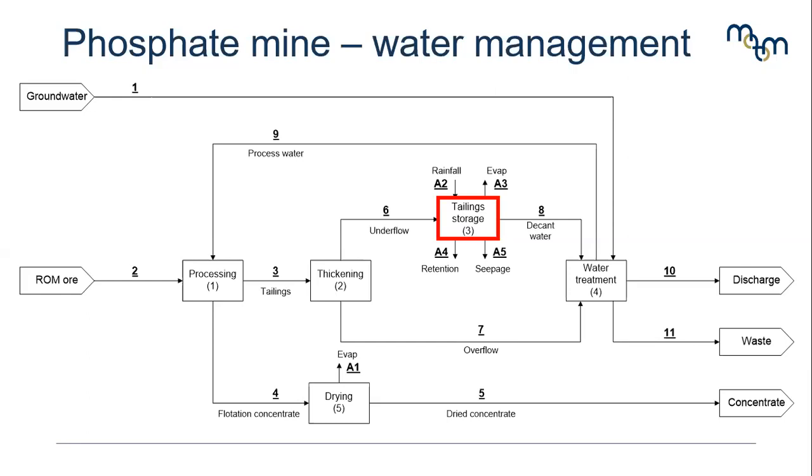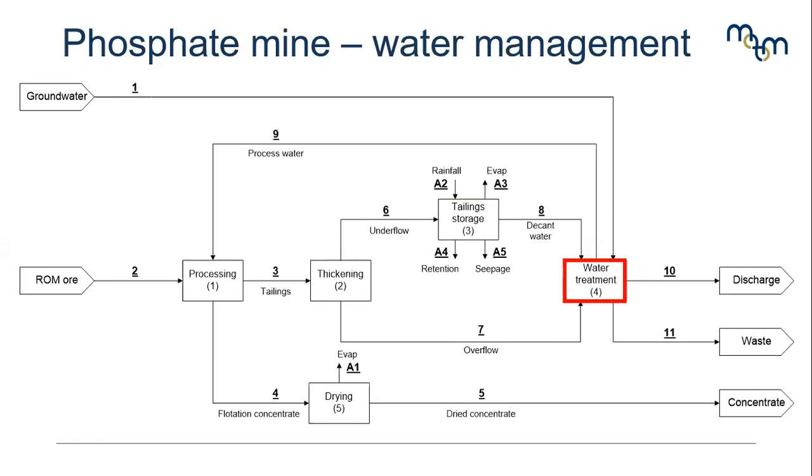So we also need to treat some of the water potentially, because either we need to manage the discharge quality of our water, or potentially the processing side of things requires a certain kind of water quality. So we can see how these different areas on the mine all kind of stick together. And certainly there's a loop going around where we recycle water, which can also influence things.